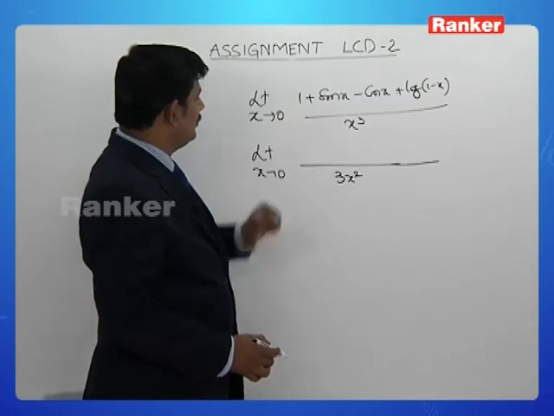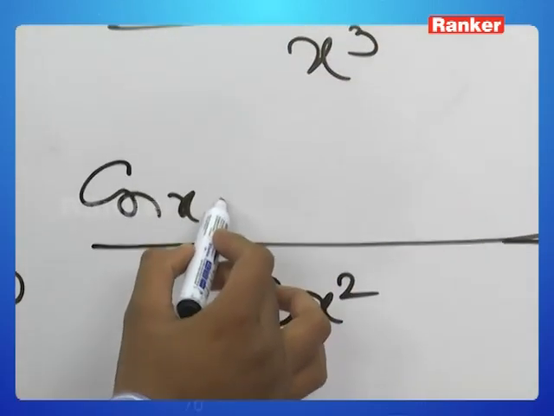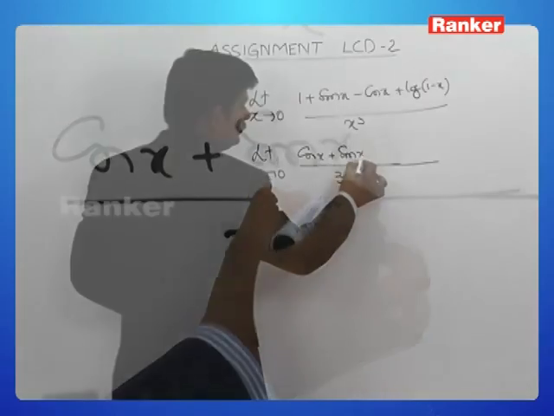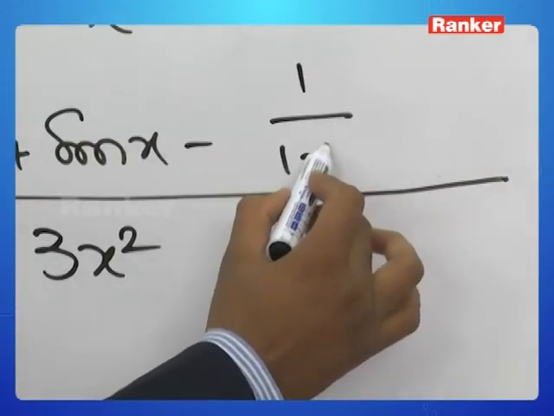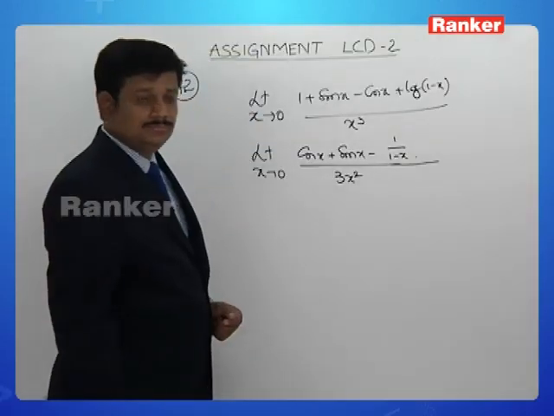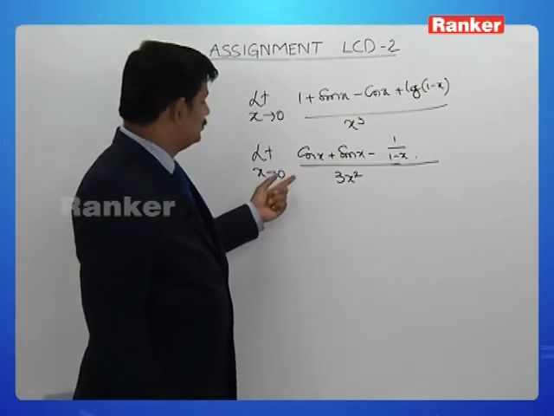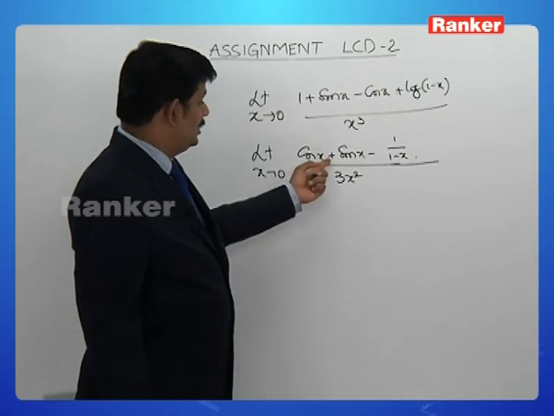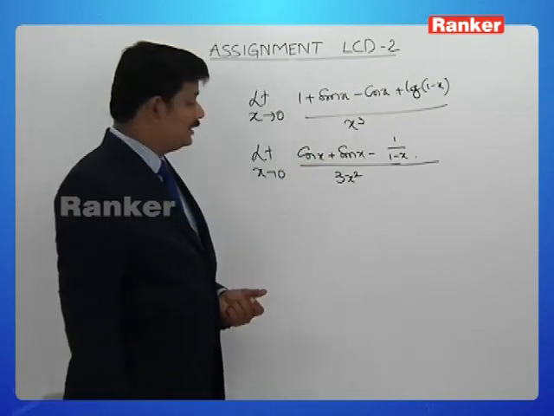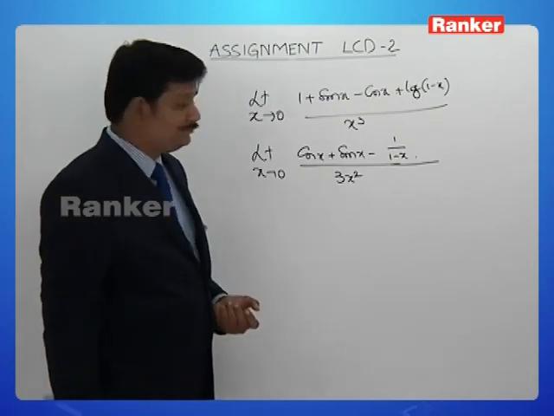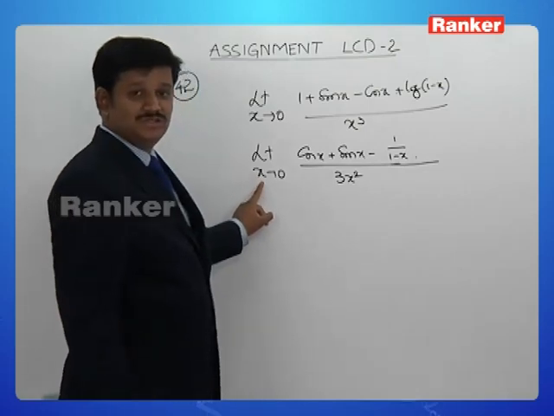Derivative of numerator: derivative of 1 is 0, derivative of sin x is cos x, derivative of minus cos x is sin x, and derivative of log of 1 minus x is minus 1 by 1 minus x. So, we need to evaluate limit x tending to 0 of (cos x plus sin x minus 1 by 1 minus x) divided by 3x square. Let us apply L'Hospital rule again, as this is 0 by 0 form.